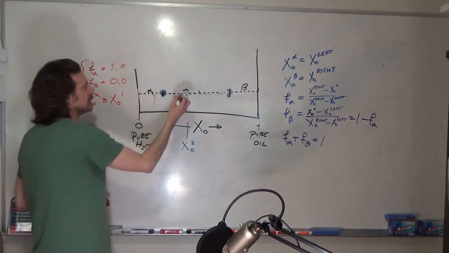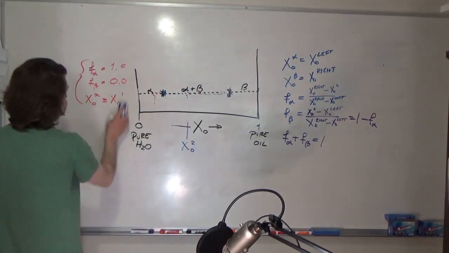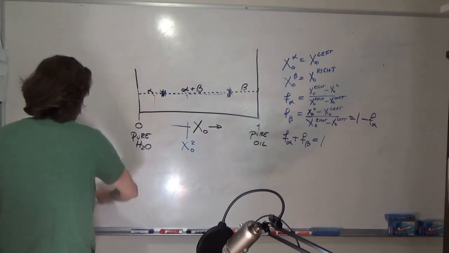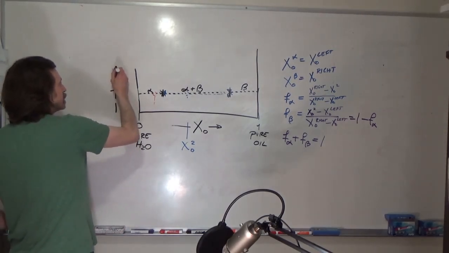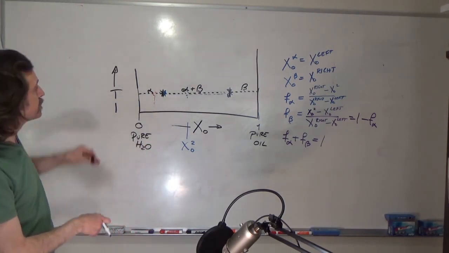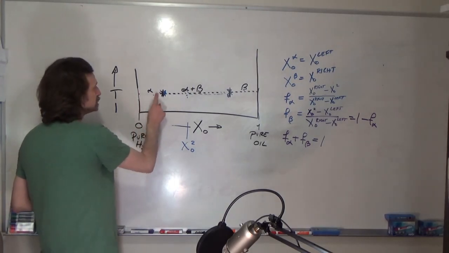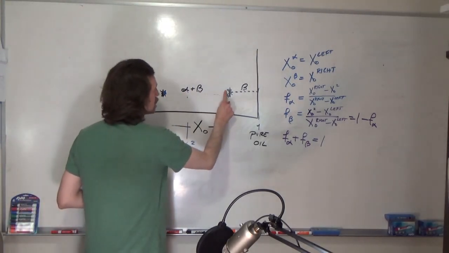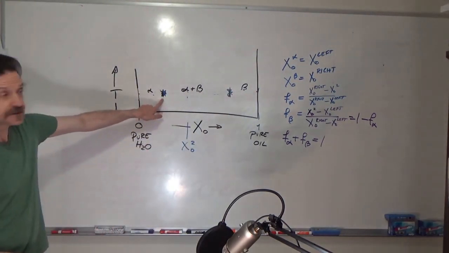So this was our original temperature. Let's say now we're going to hold pressure and everything constant, but we're going to allow temperature to vary. And this can be our original temperature. We have our solubility limits.